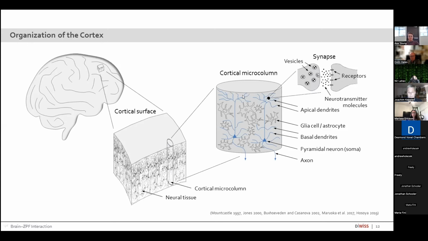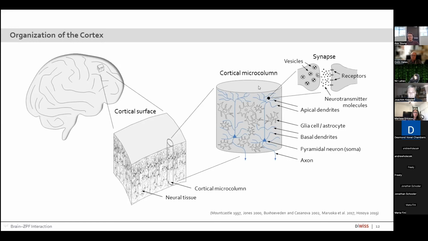And these dendritic trees are covered with synapses, and the presynaptic terminals contain vesicles with high concentration of neurotransmitters, and the release of these neurotransmitters leads to the activation of receptors located on the postsynaptic terminals.